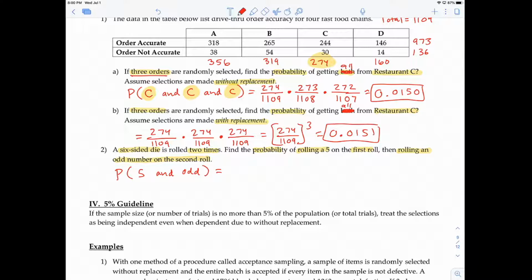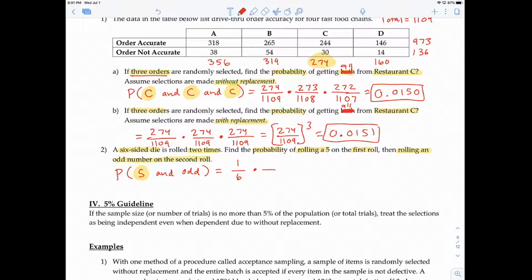So what is the probability that the first roll is a 5? How many different ways can we get a 5 on a 6-sided die? Well, there's one way out of 6 total possible outcomes. The 6 possible outcomes are 1 through 6, and there's one way we can get a 5. Now, you might say, do I diminish it by 1 or not? Is this with replacement or without replacement?